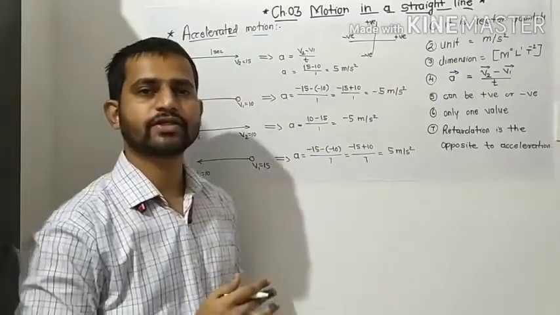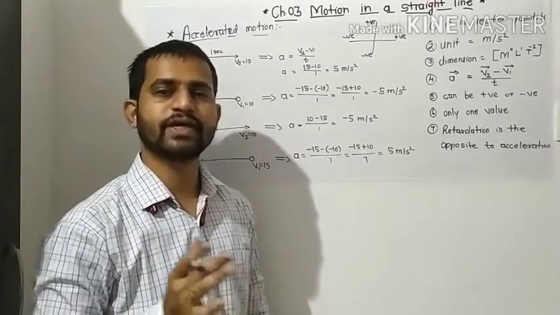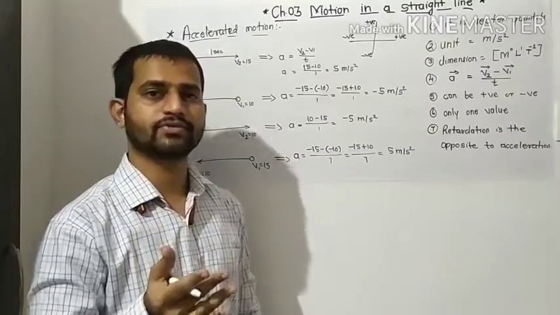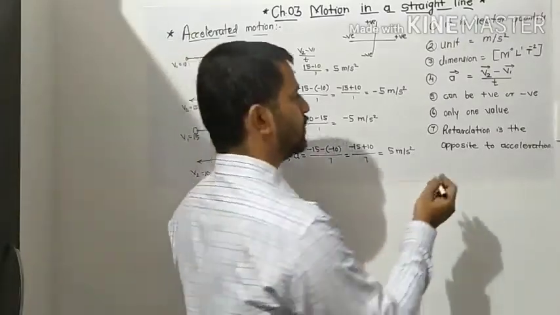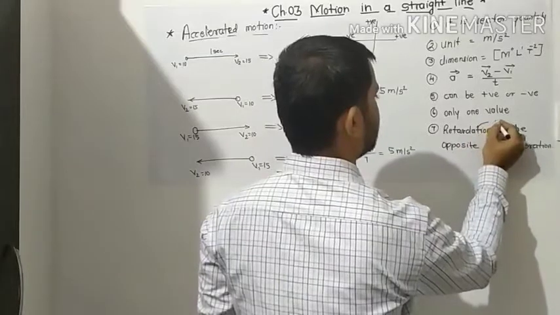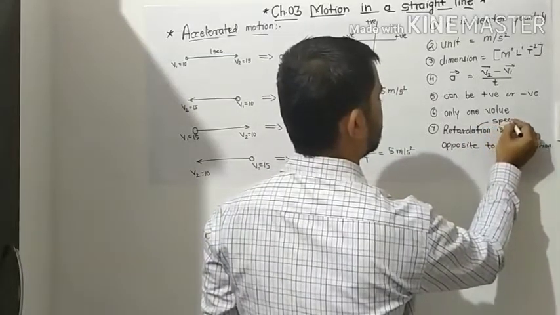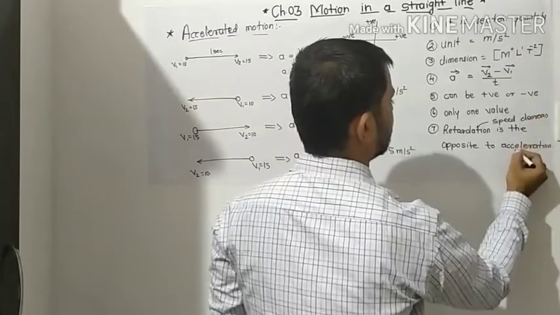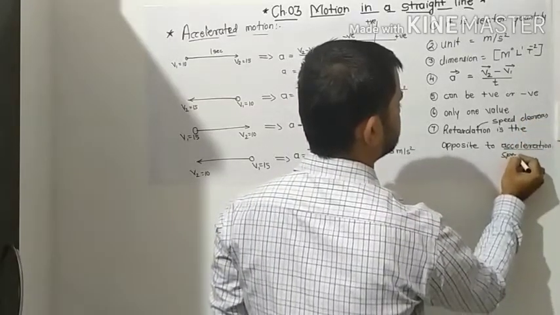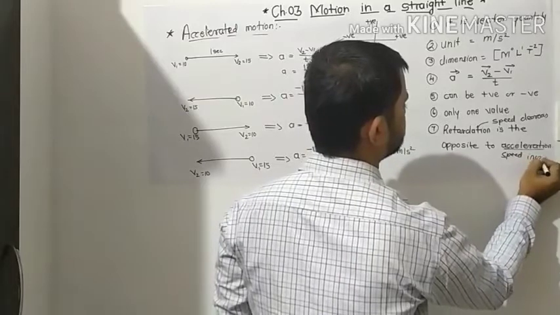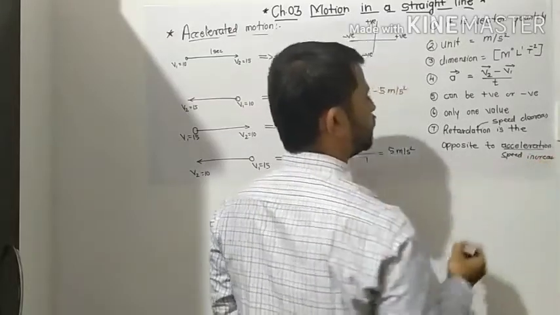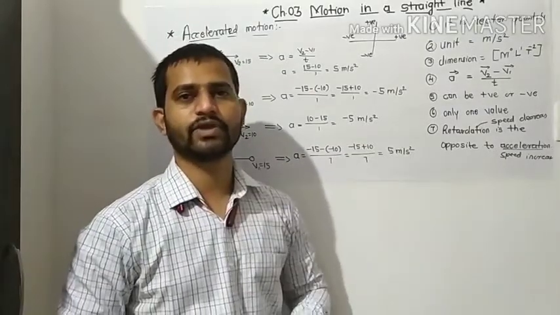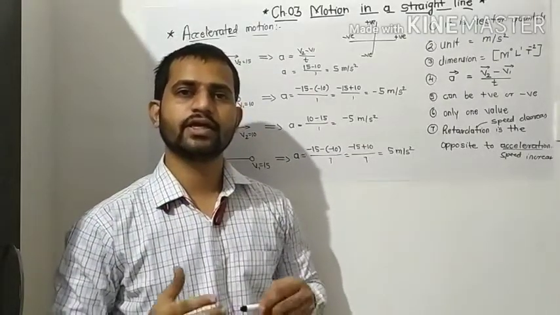In case of retardation the velocity decreases, the speed decreases, but in case of acceleration the speed increases. We can remember this also: here the speed decreases and here the speed increases. Whenever there is an increase in the speed, it is the acceleration, and whenever there is a decrease in the speed, it is the retardation.